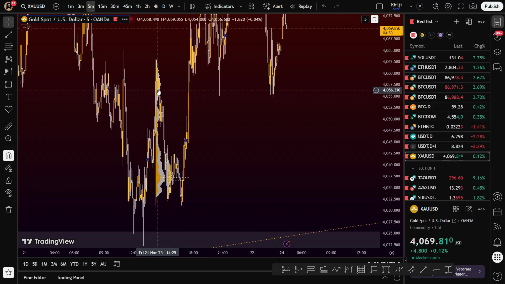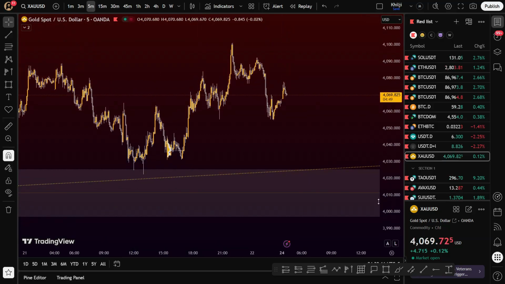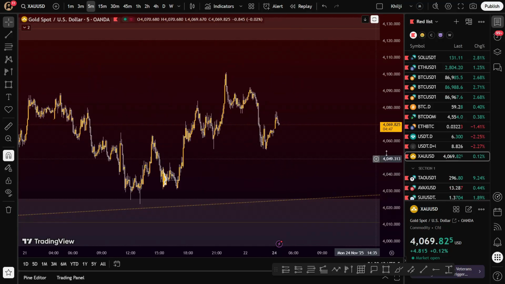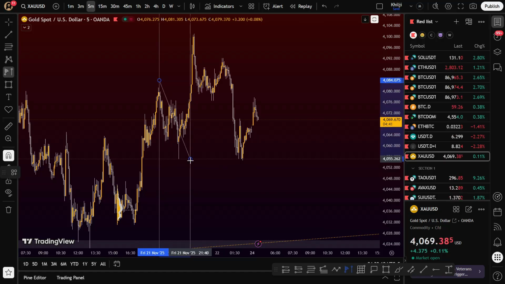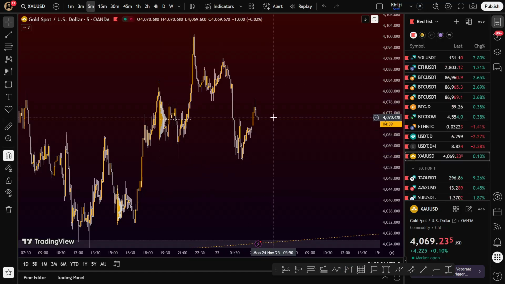So what is the theory behind using the point of controls and the volume profiles? Well, put them on your zones. In this case as well, let's just do it from this low to this level. So this one pretty much failed because this was the point of control. It was literally at 50%.